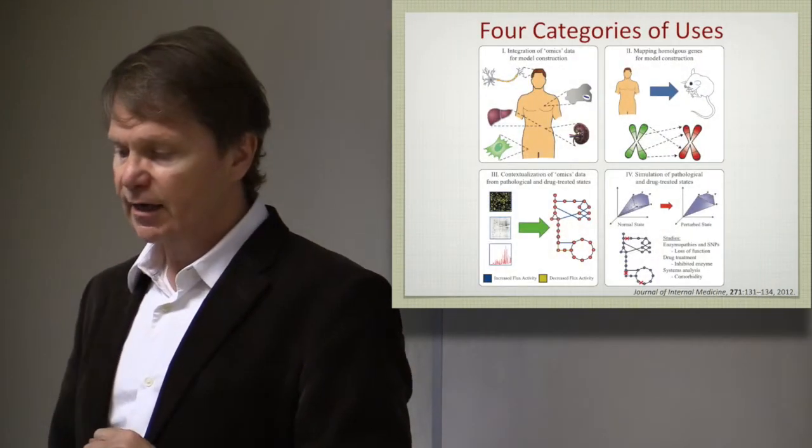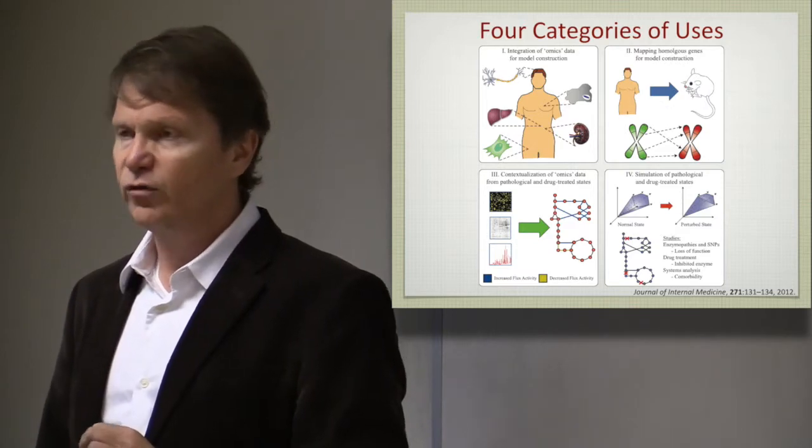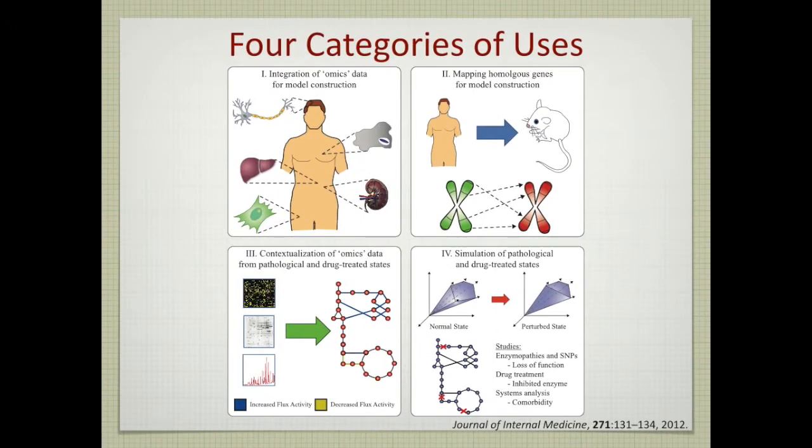So this slide I also showed. This is the category of uses. Briefly, the tissue customization that I mentioned, the mapping onto other mammals that is not as successful as one would have hoped, and then the analysis of different perturbations of metabolic states, particularly by either inborn errors in metabolism, where a Vmax through a reaction is severely affected in an individual that may have a detrimental mutation, or a drug intervention, or a toxin intervention or something like that.